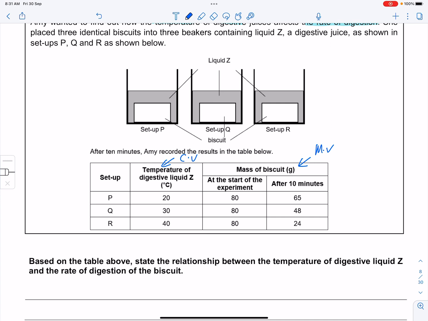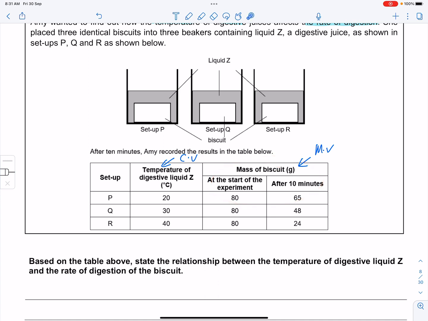Another example, you cannot really measure the rate of evaporation, but if you measure the volume of water left behind in a beaker, you can use that as a proxy. The lesser the amount of water left behind, the faster the rate of evaporation. So this is actually a proxy.